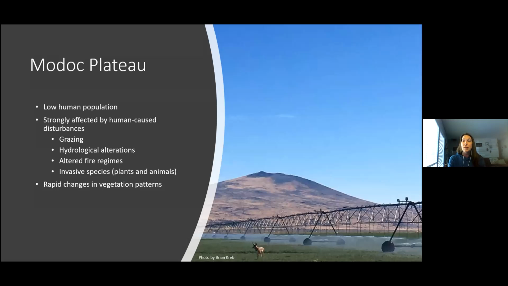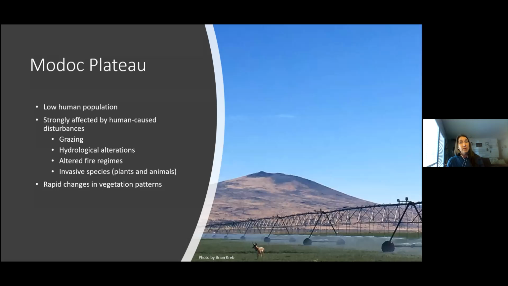So for this research, we focused on an area of the Modoc Plateau. This is an area of California with very low human population. However, it is strongly affected by human-caused disturbances and is experiencing rapid changes in vegetation patterns.